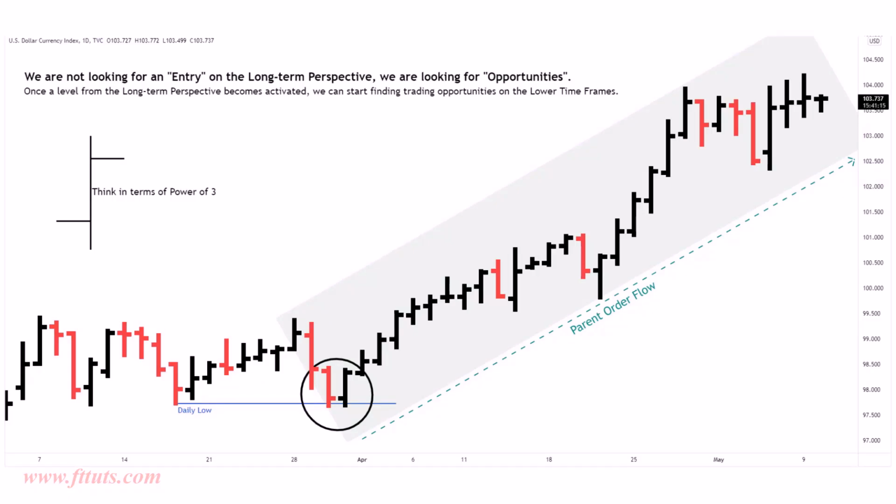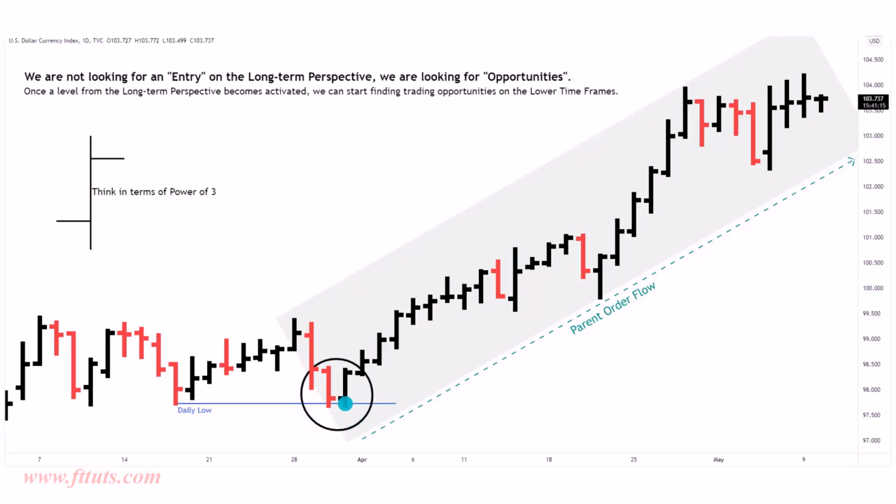So what I want you to do is think in terms of power 3. Once parent order flow has been activated by hitting a key level on the time frame, think in terms of power 3. You can see how the daily low gets activated here.